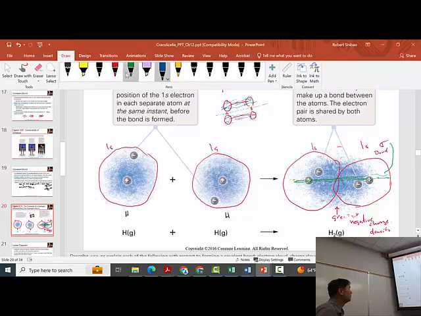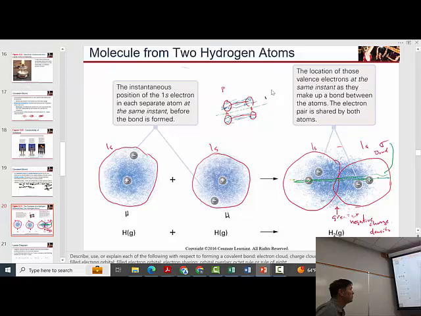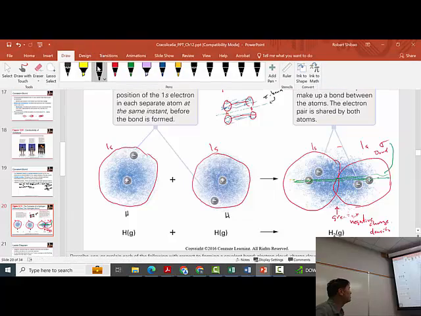We have two types, a sigma and a pi. So this would be a pi bond. When I look at the internuclear axis, the cloud is above and below, not along. When I look at the internuclear axis on the sigma bond, the cloud is along the internuclear axis. But even if it's not along the internuclear axis, it's still an attractive force.